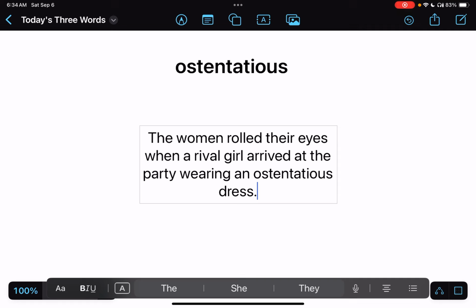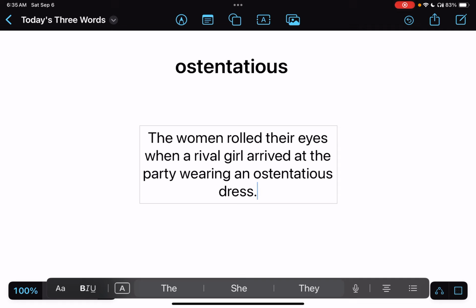So here again, you've got someone that's trying to be very showy or wants to stand out and kind of shock you. Ostentatious, meaning trying to seek attention by being gaudy or over the top or too striking. All right, that's ostentatious.